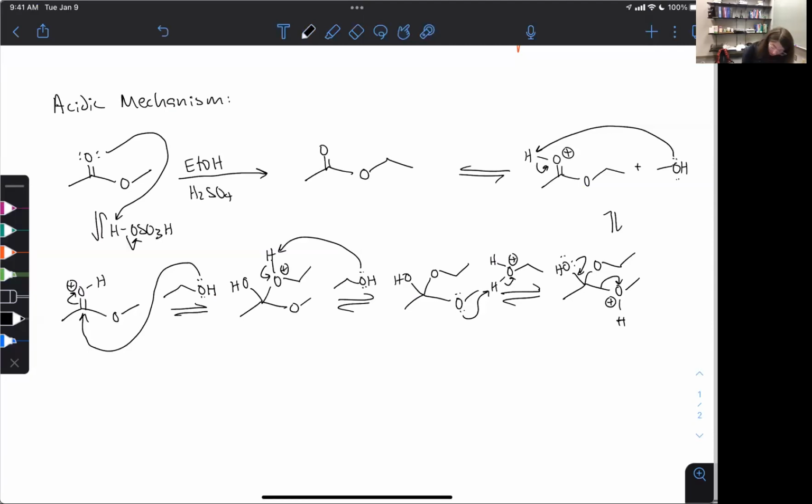Okay, so the key here, just to kind of defeat the equilibrium process, is that we have to have a large excess of our new alcohol to make sure that we replace a sufficient amount of the original ester with our new alcohol.